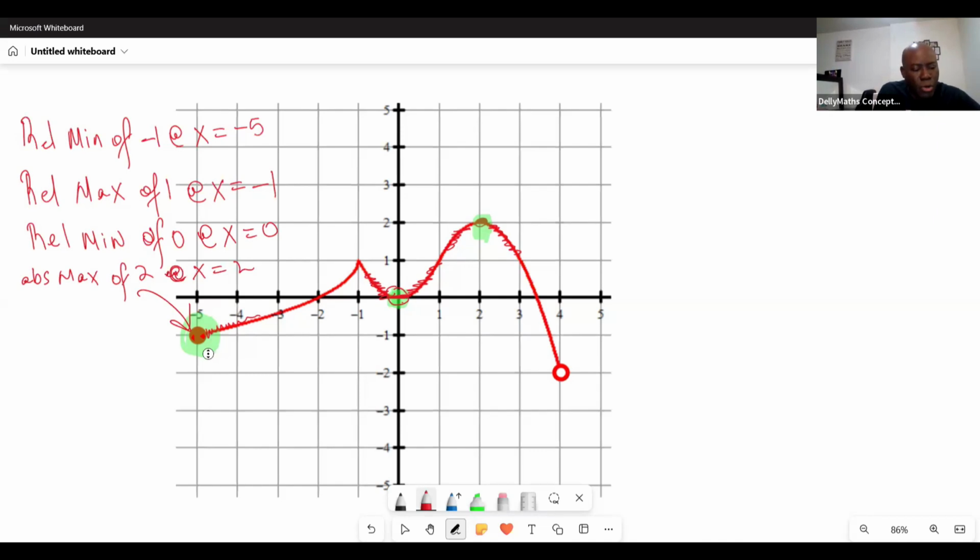And that's it for this, because this one is out of the game. It's an open circle, it's not shaded, so this is nothing here. Basically that's what we're looking at, the extrema, and we were able to identify where they are.